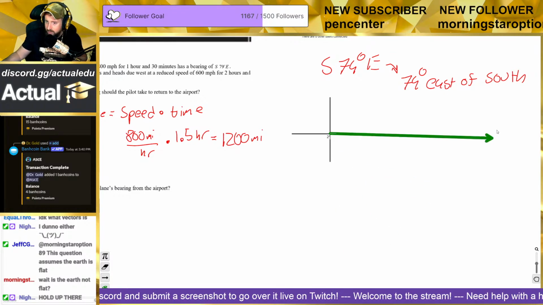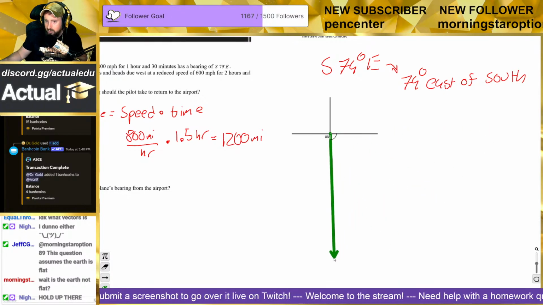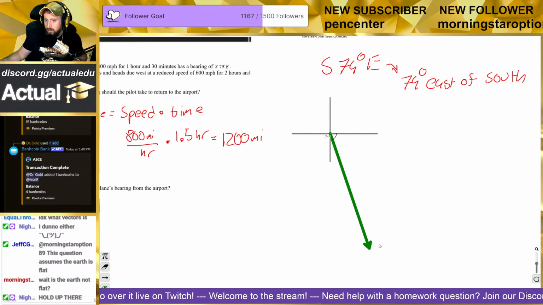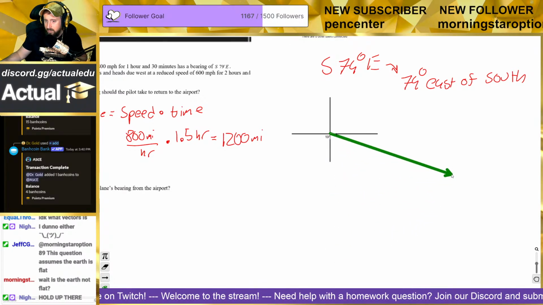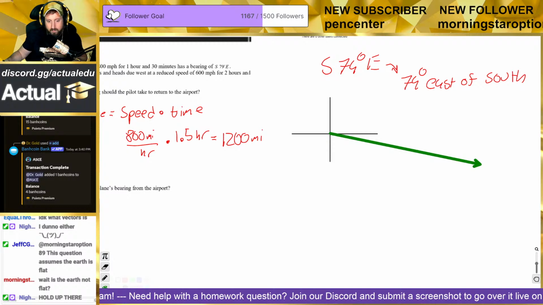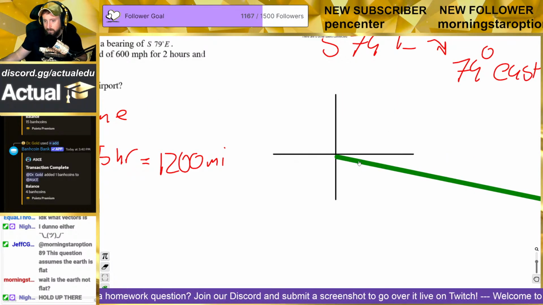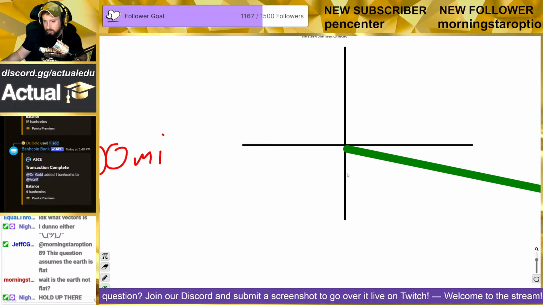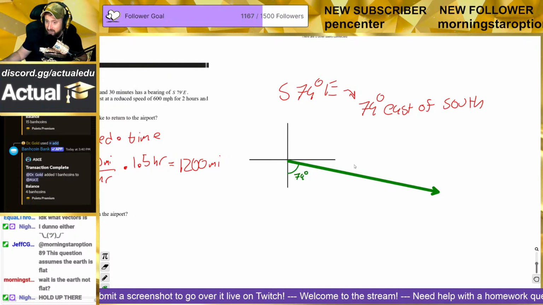East is pointing this way. So I'm going to go 79 degrees east of south. So that's going to be like this, kind of. There we go. Let's move it a little bit. And then we're going to say that this is 79 degrees, and also that the length of this is 1,200.